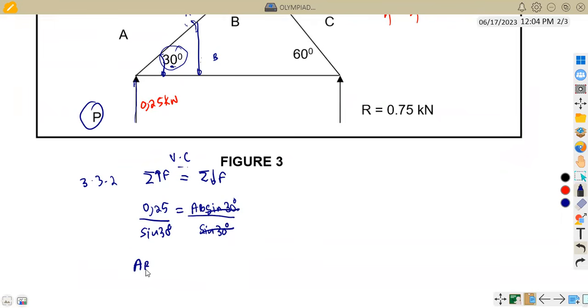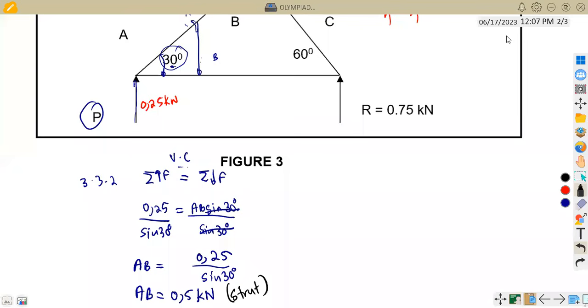So AB is equal to 0.25 over the sine of 30 degrees. AB is going to be 0.5 kilonewton, and this is a strut.